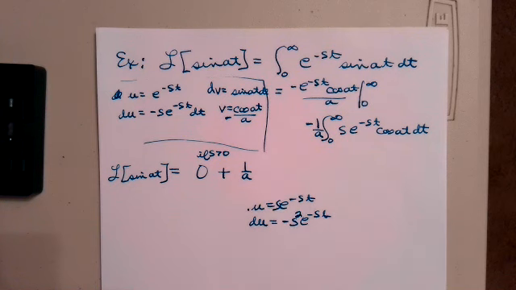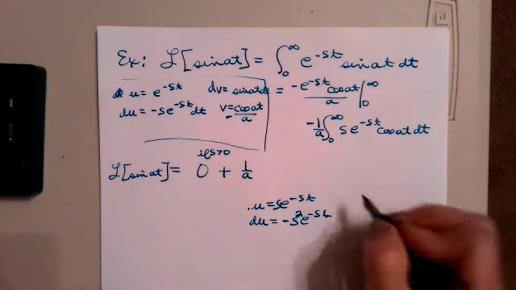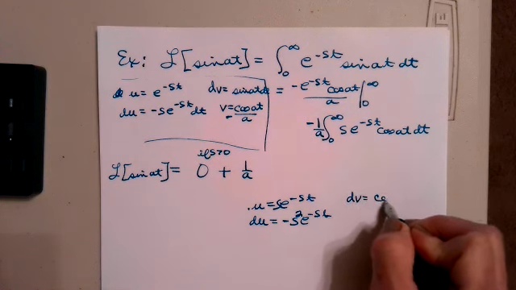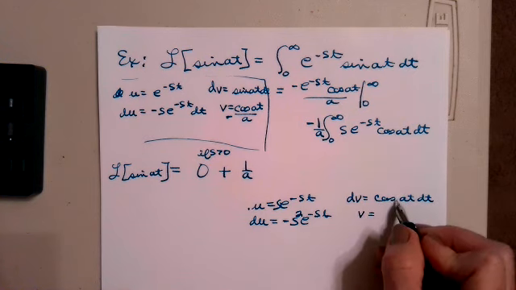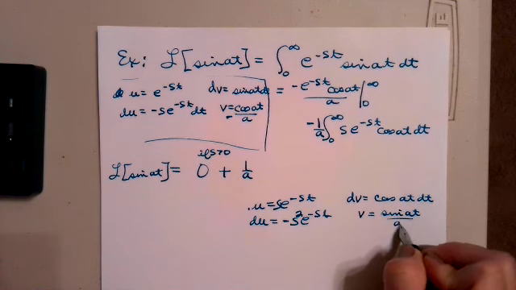And then this is an s squared because it's not the variable of integration. So we're okay by doing it that way. And then dv is going to be cosine at dt. And so when you integrate cosine, you get sine at divided by a.